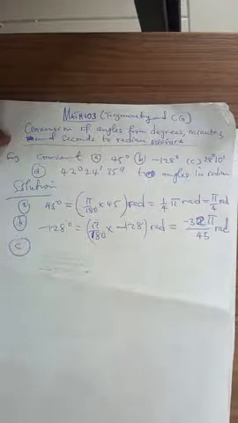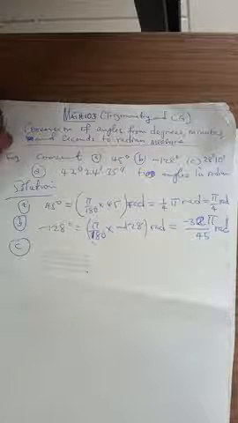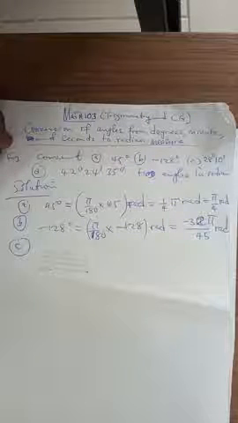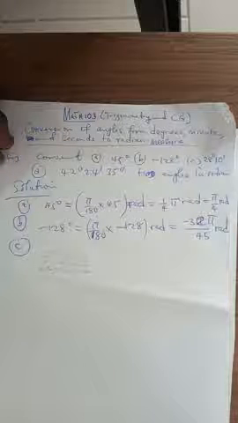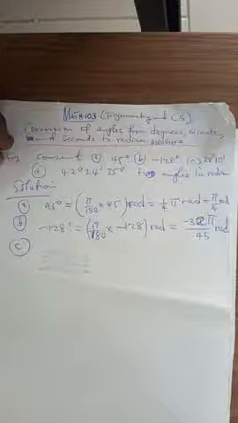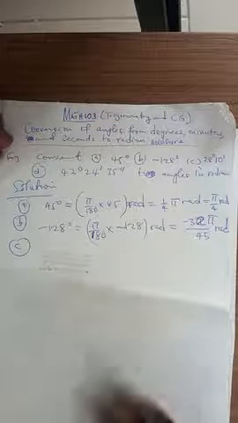Now the C part, you see the C part is comprising of degrees and minutes. For you to convert this angle to a radian measure, you first have to convert the minute part to an angle in degree.